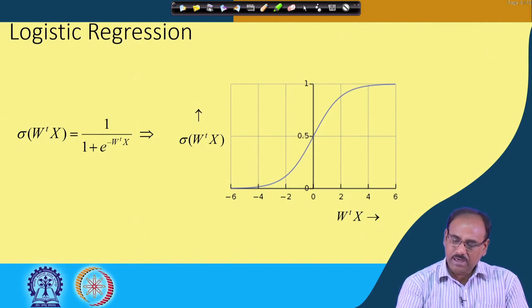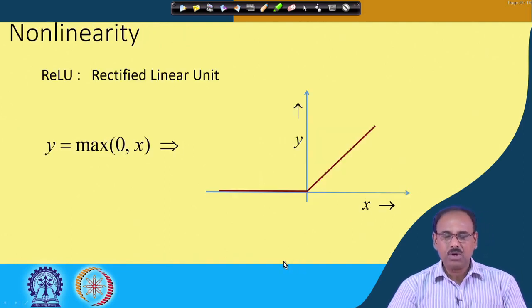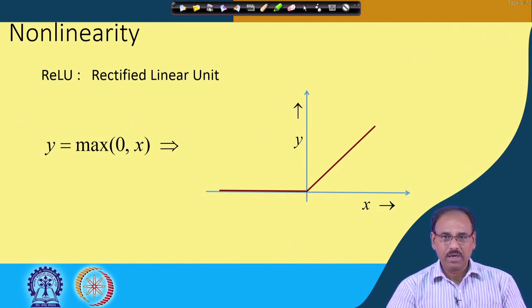The other kind of nonlinearity, which is widely used in neural networks or modern deep neural networks, is what is known as ReLU, or rectified linear unit. The rectified linear unit simply says that if y is a function of x, then y gets the value of maximum of 0 or x.